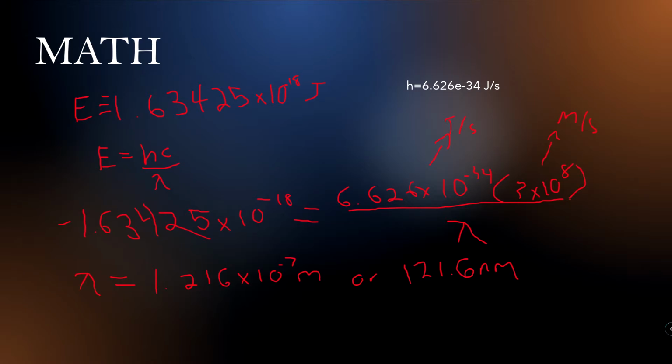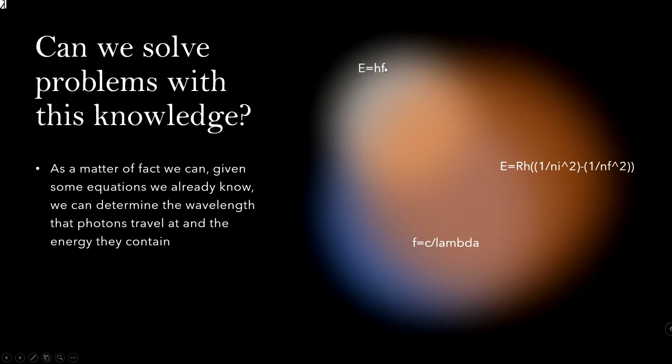So again, a reminder, h is equal to 6.626 e to the negative 34, and we need that for this equation, E equals hc divided by lambda. If we remember earlier, E equals hf is another equation we have for energy, h times the frequency, and f is equal to c divided by lambda.